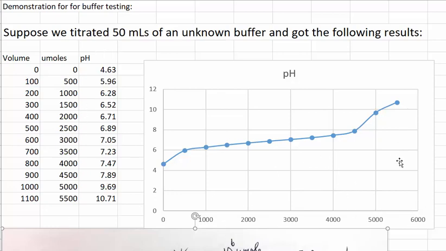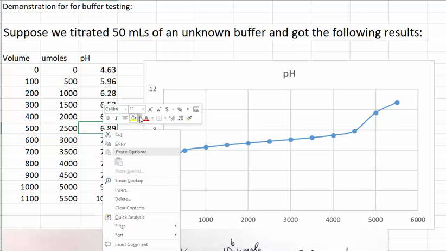Right around here, I'm looking at 5,000 micromoles of hydroxide that I've added to get to this point. If I go to half of that, that puts me at 2,500. That would be the midpoint, which gives me the pKa. So the pKa in my plot is 6.89.